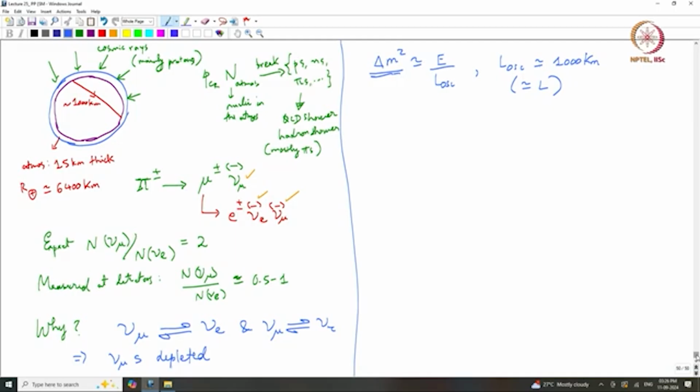Now that would mean I need to tell you what the energy of the neutrinos should be, correct? That is an input that comes from cosmic ray physics. The energy of protons coming from cosmic rays peaks at around a GeV.